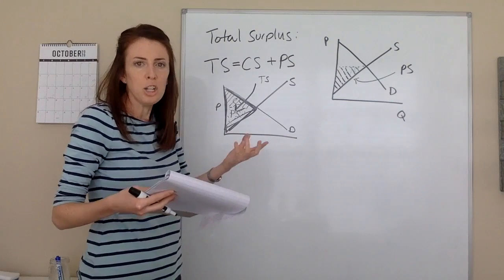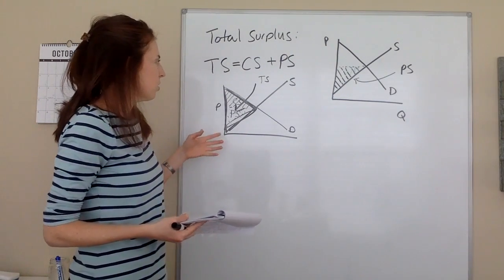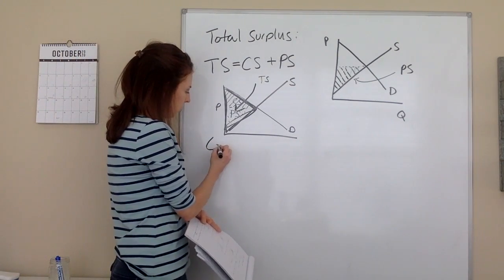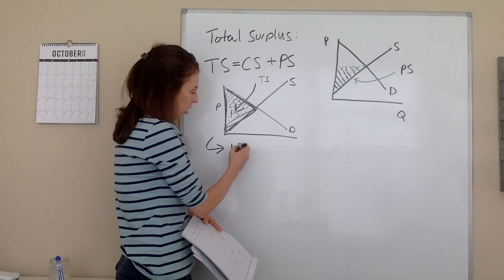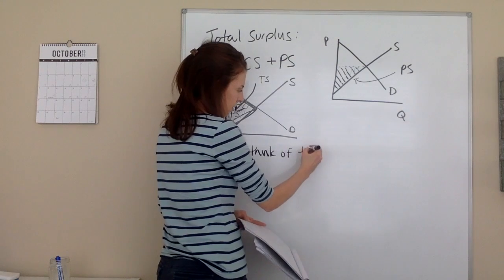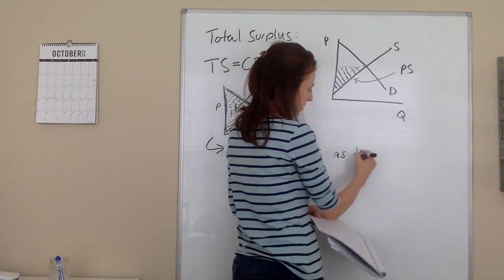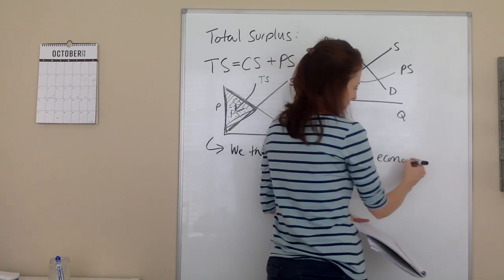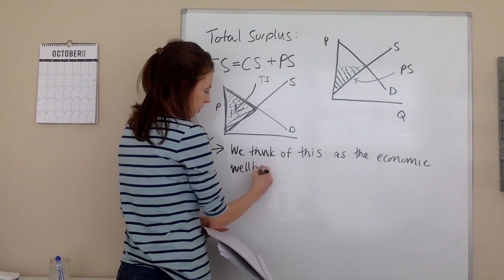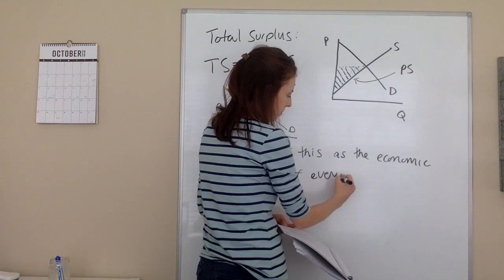We add up the goodness or the well-being that everybody realizes, and then that gives us the total well-being in the market. So for your notes, you can just say, we think of this as economic well-being of everyone in society.